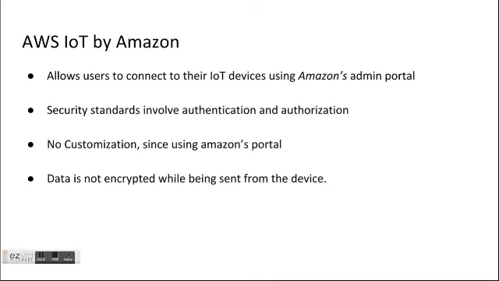So basically, the data is not encrypted while it's being sent from the device to the server. Any intruder can get the data and it can be compromised. Again, you're using Amazon's third-party server, and it's a portal, which means you don't have any control over data. You don't have any APIs, so you cannot customize it at all. No infographics, nothing is possible.